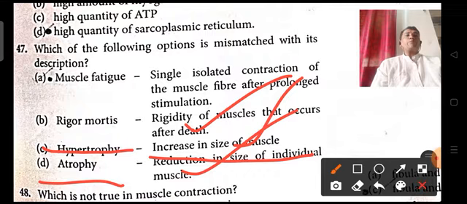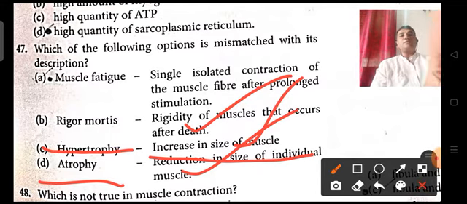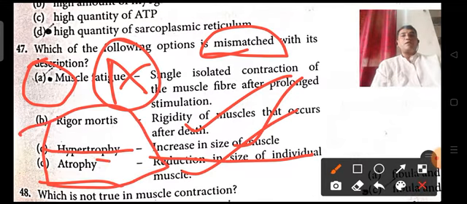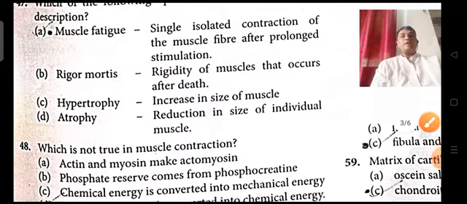Generally it is because of the production of lactic acid, and the energy currency ATP is also lacking in this system. So option A is the mismatched component of this question. These three are all right. So here, option A.